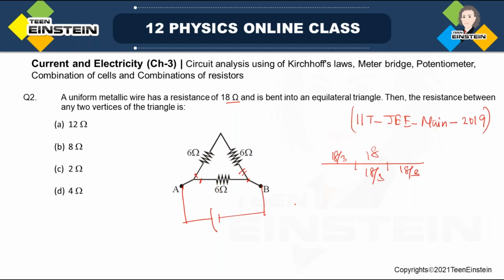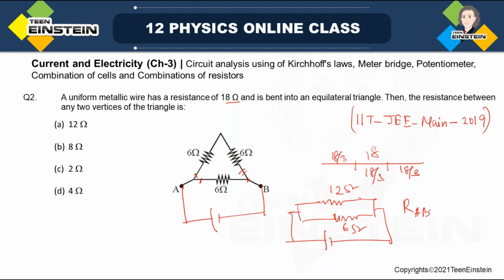That means I have one resistance of 12 ohm, another one has 6 ohm, and they are parallel to each other. So this is a very simple problem.